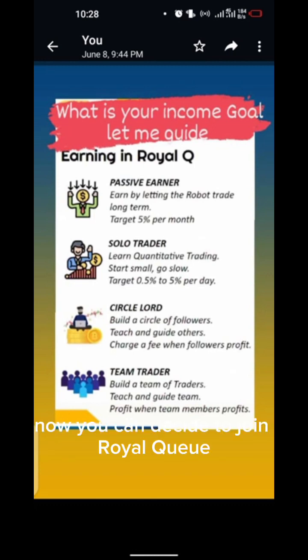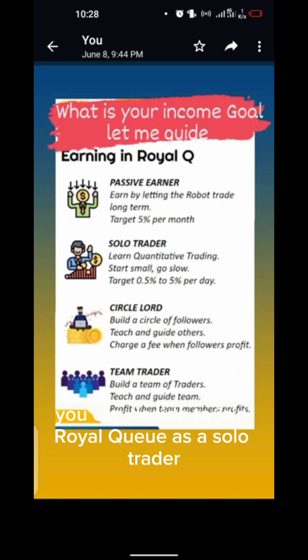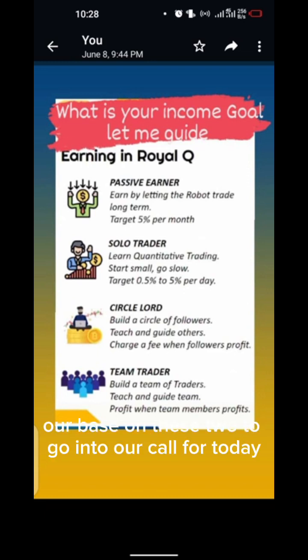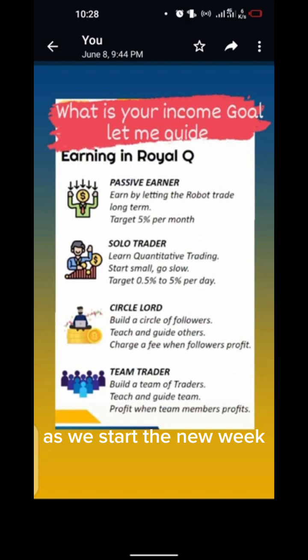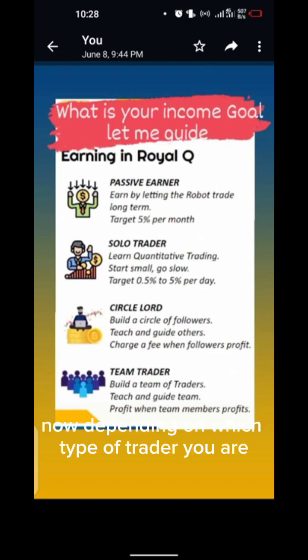Okay, now you can decide to join royalq as a passive trader. You can decide to join royalq as a solo trader. Now I'll base on these two to go into our call for today as we start the new week. Depending on which type of trader you are, you need to have two directions of the market: when the market will be going up and when the market will be going down.